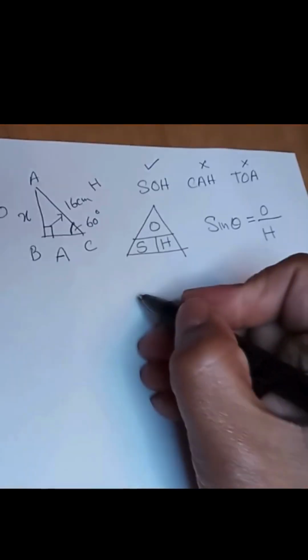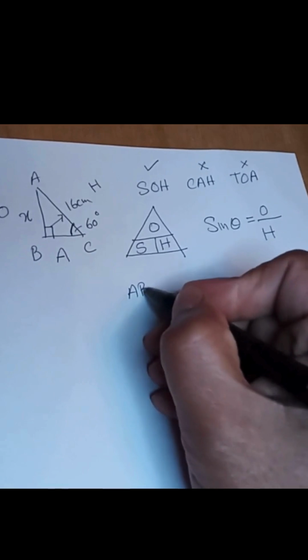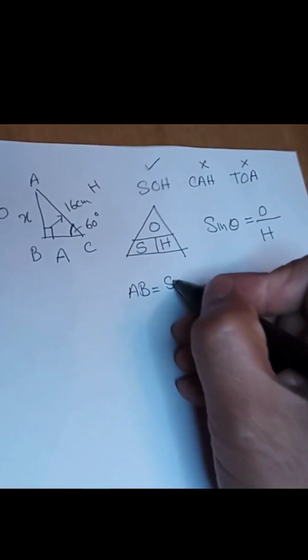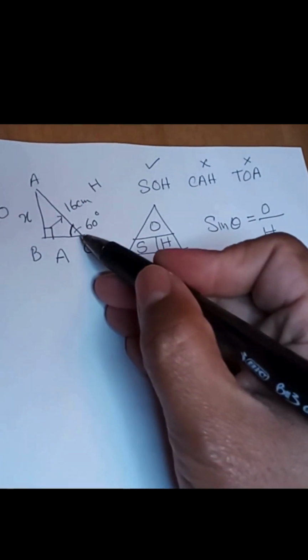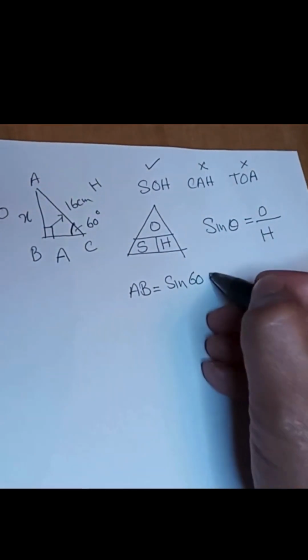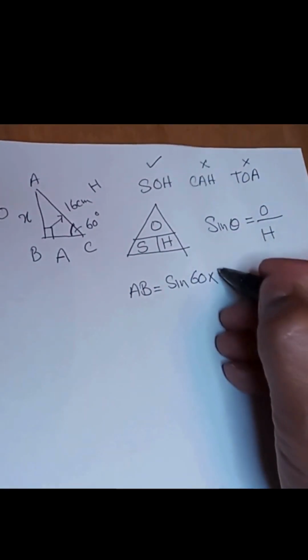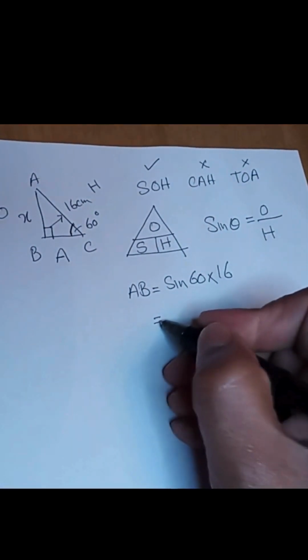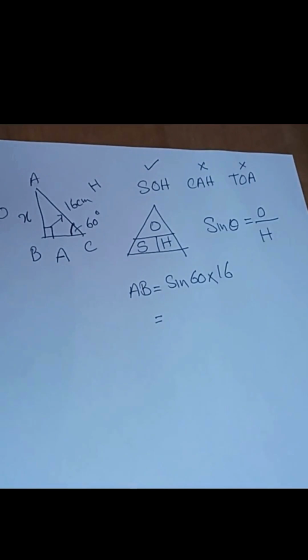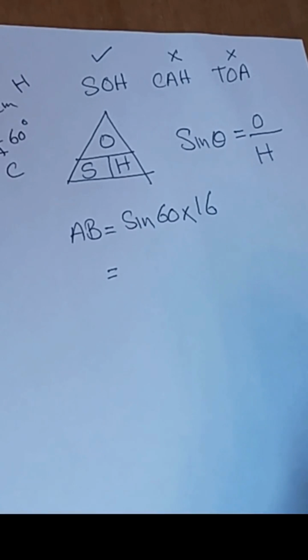So we're going to say that AB is equal to sine of, what's the angle here, sine 60 times the hypotenuse. What is the hypotenuse? It's 16. So let's put all this information in the calculator.